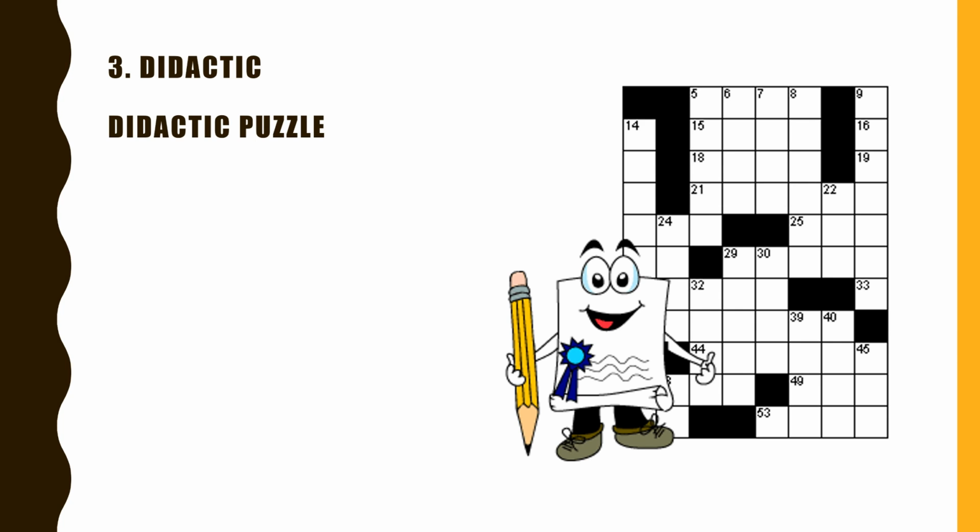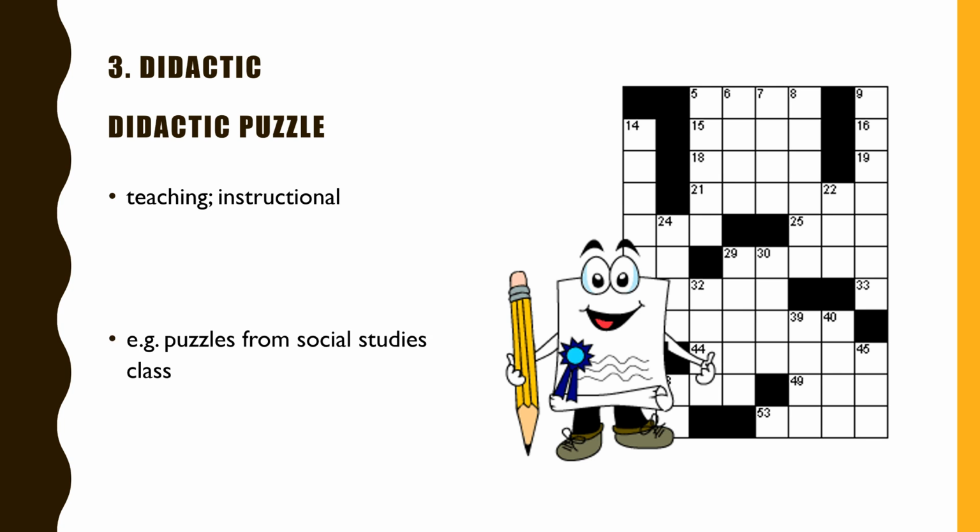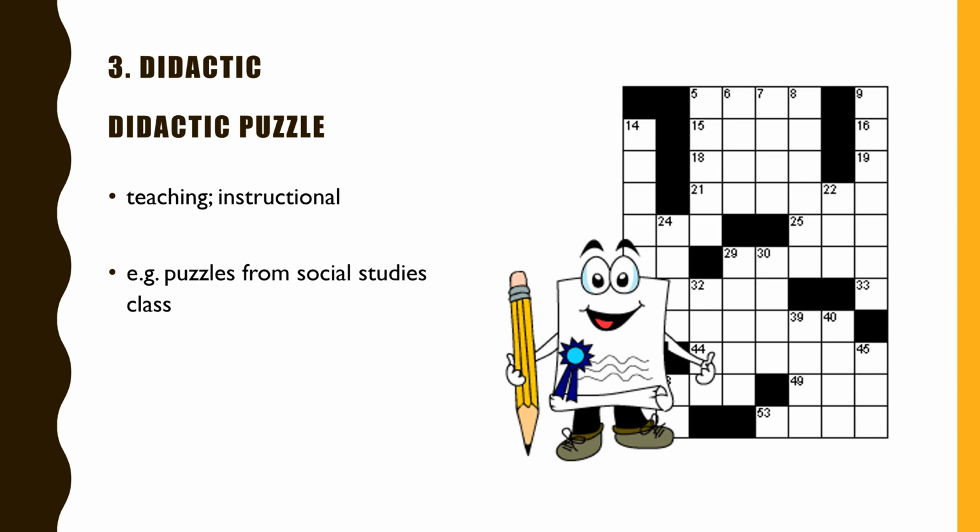Didactic. Didactic puzzle. That's a puzzle that has teaching and instructional goals in mind. So we're talking about puzzles like the kind you would get from your social studies class in elementary school or junior high. You get like a crossword puzzle of all the geographic locations and stuff. That puzzle is not for fun, it's intended to be instructional.